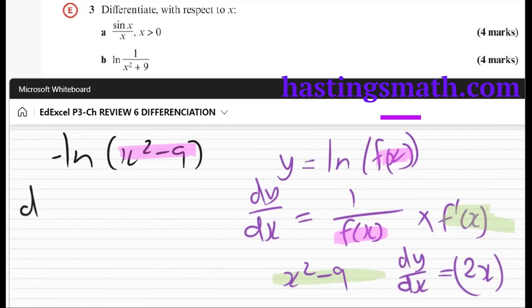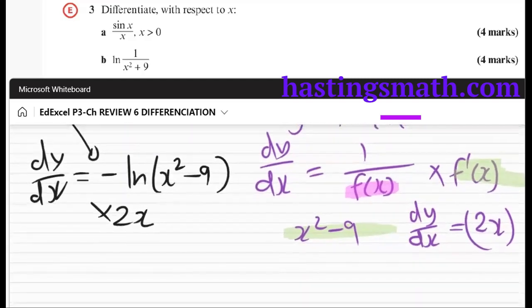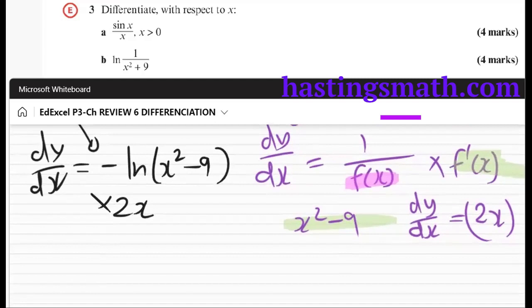What we get is dy dx is equal to, that negative just comes down, 1 over the whole function times the first derivative of the whole function, which is 2x. Oh, excuse me, what did I do? It's not ln, it's 1 over.